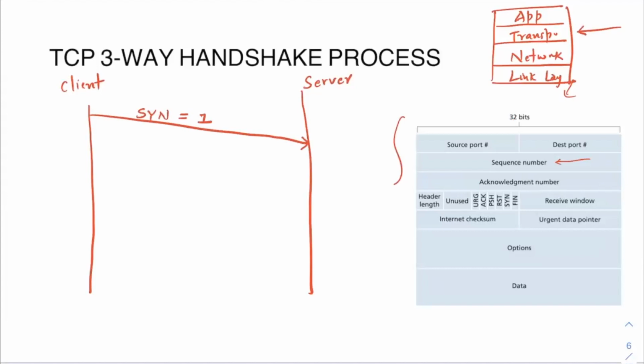That's why I have drawn the TCP segment here. That is a part of the transport layer. We are not concerned with other layers like the application layer, network layer, and link layer data when we are sending the packet. But of course, in this packet, all these 4 layers' data will be sent. All will be there, but we are only concerned with the transport layer data here.